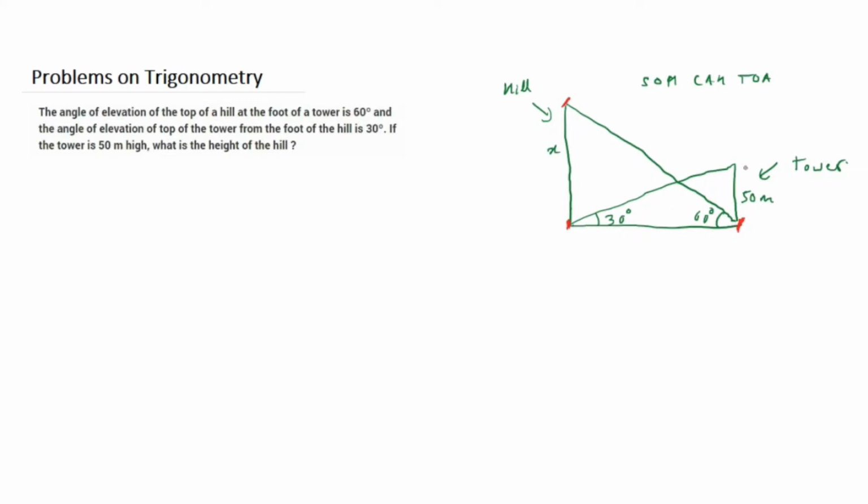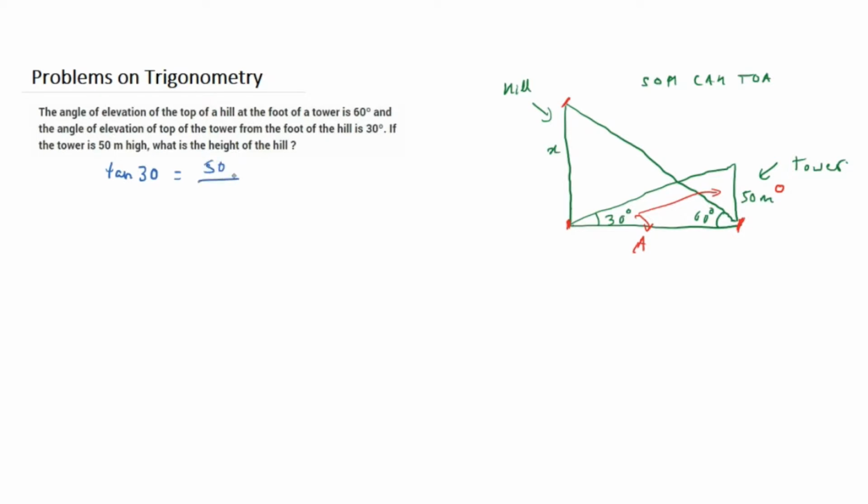So if we look at this smaller triangle of the tower, we have the angle given here is 30. So we have the side opposite to that. So opposite is 50, and we need to find this, so this is going to be the adjacent. So we need the tan of 30 for that. So tan 30 is going to be equal to the opposite over the adjacent.